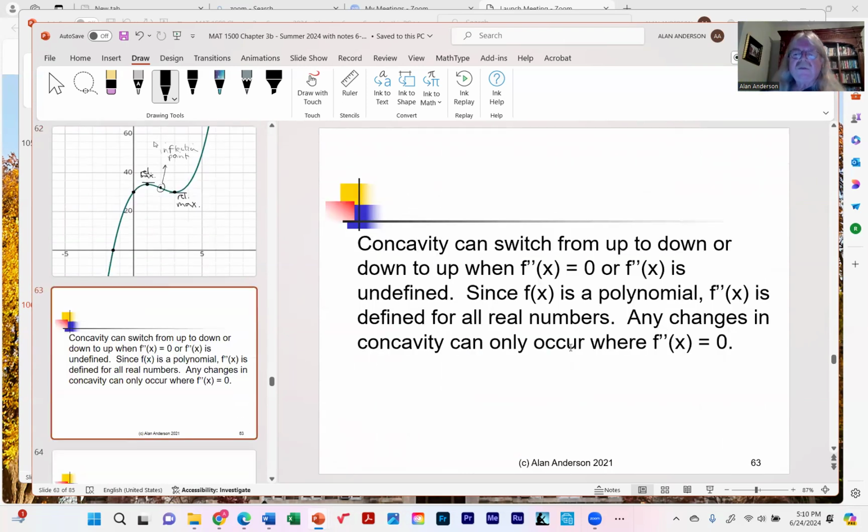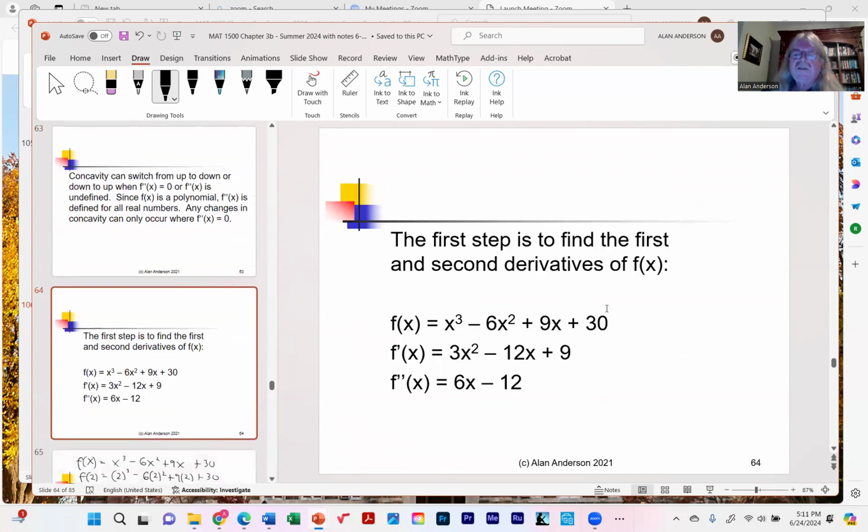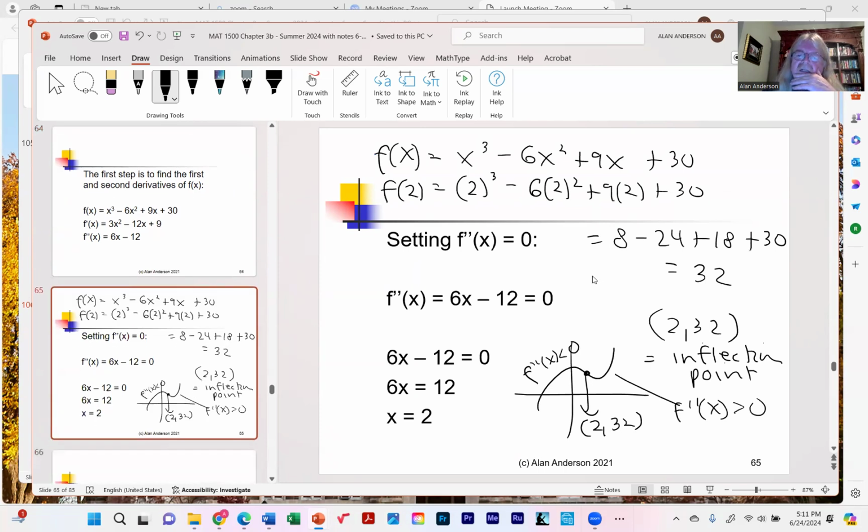So what we're going to do is take the first two derivatives. And again, we're just repeatedly applying the power rule because this is a polynomial. And so here are the first and second derivatives. First, we're going to find the points where, if any, the second derivative equals 0.